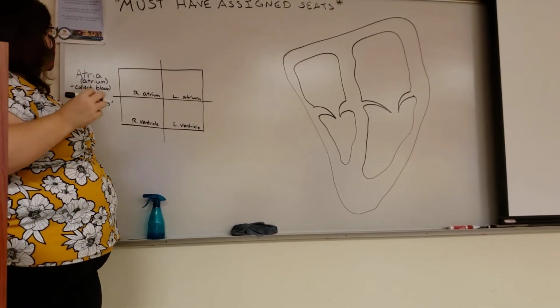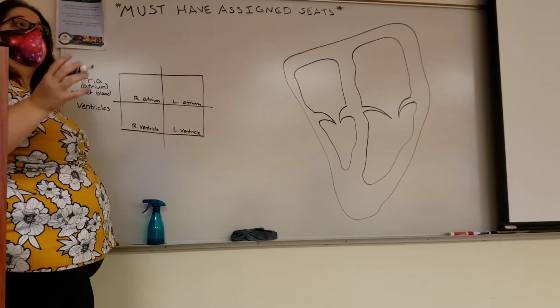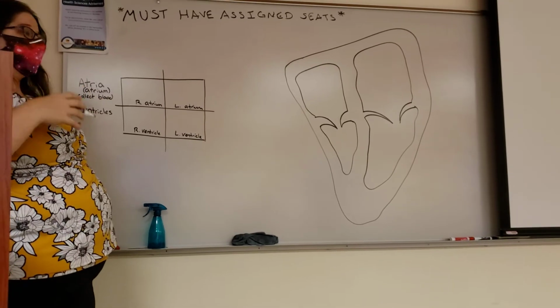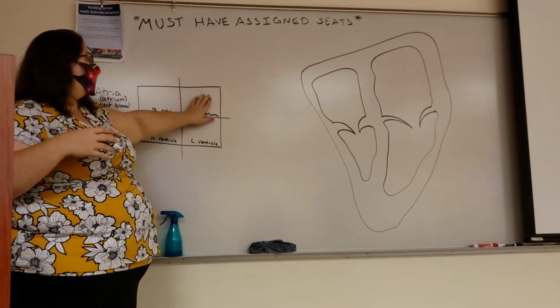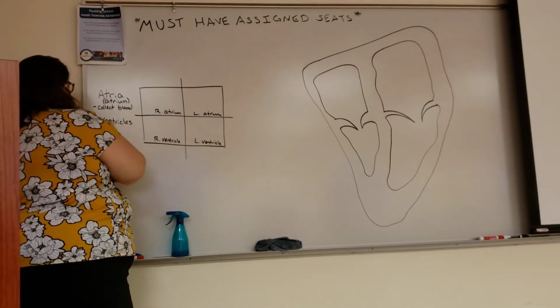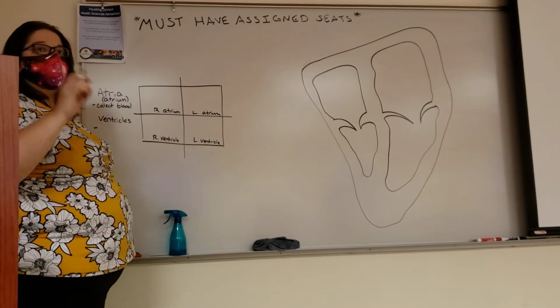Okay? So whenever blood is on its way back to your heart, the first place it is going to reach are one of your two atria. Okay? Your ventricle's job is to pump the blood where it needs to go.